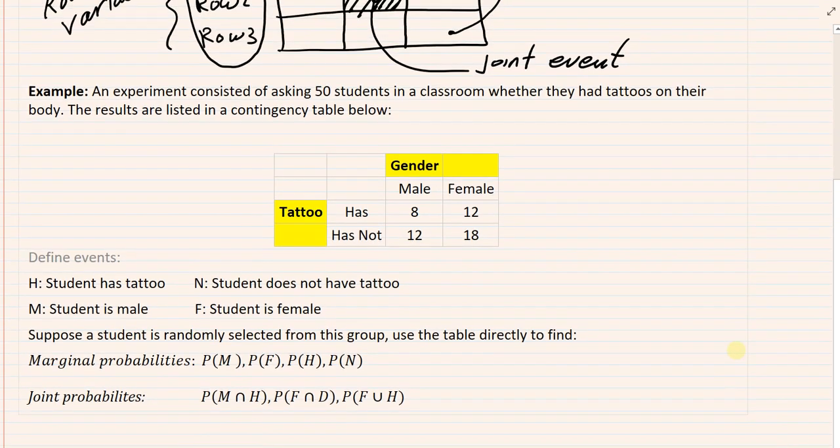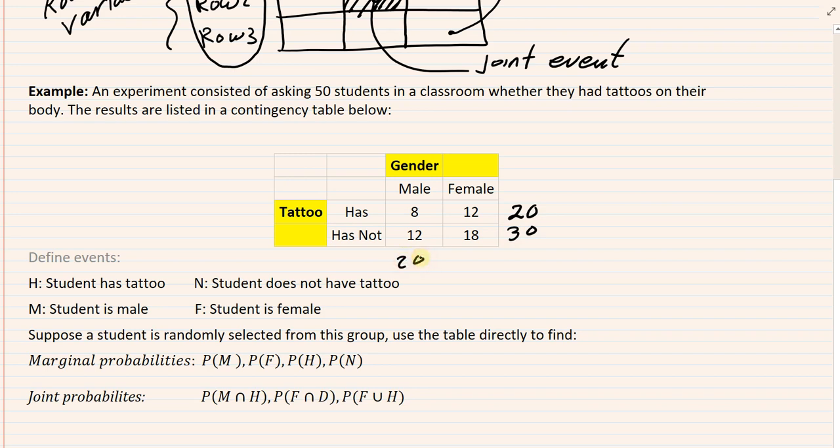Okay. Now, if I form the totals, by the way, if I form the totals here on the margins of the table, these totals become for the first row, there's 20 students that had tattoo in that class. That means 30 did not.